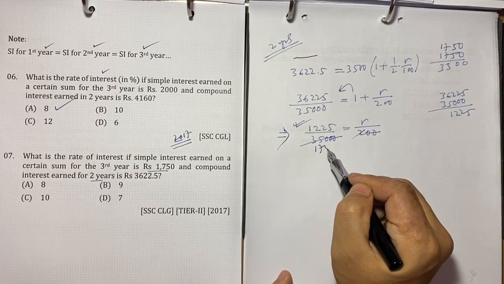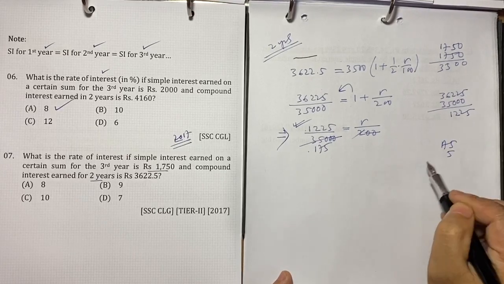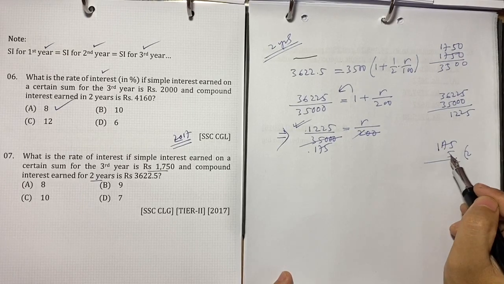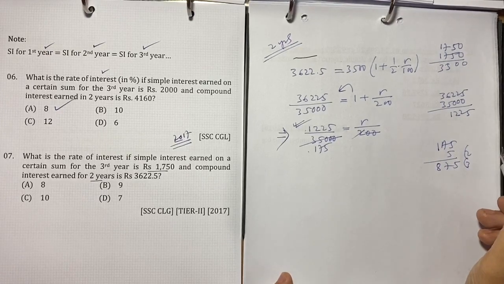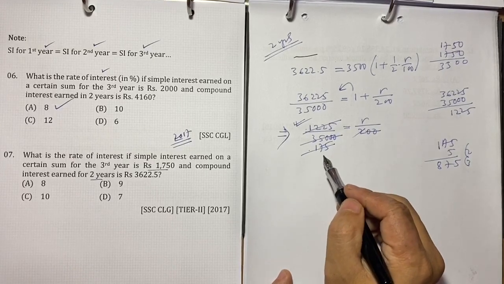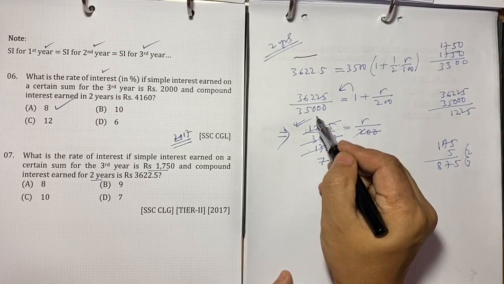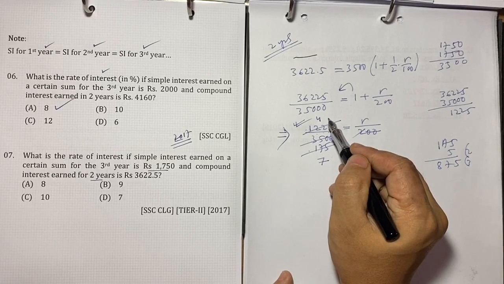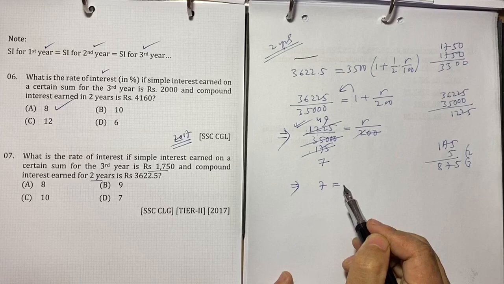This will be 175 over 3500 after cancelling. Cancel 5, then 25, then 7, then 4, and then 100. I think it will be 9. So cancelling, I get r equal to 7%.